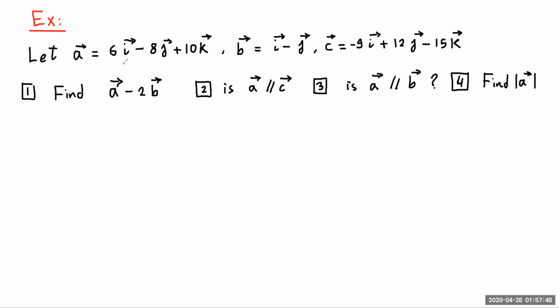So for A minus 2B, I will take 6 minus 2 times 1, because here I have 1. So 6 minus 2 is 4. So let's write at first A minus 2B. This is question number 1. I will calculate A minus 2B. So it's 6 minus 2, it's 4i.